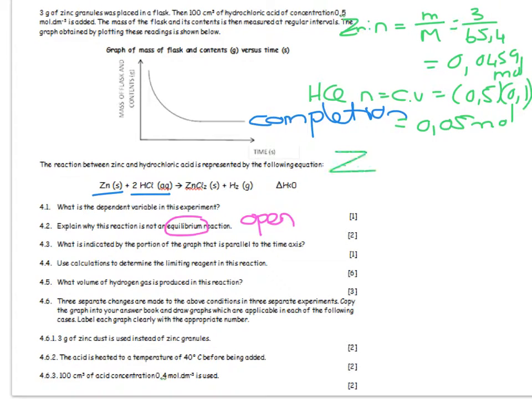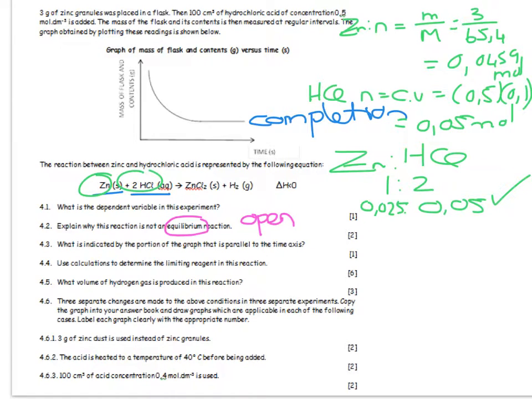Now we know that zinc reacts with hydrochloric acid as 1:2, so I take 0,05 and divide it in half, and I get 0,025. And that does work because 0,025 is less than 0,0459. And therefore, hydrochloric acid is your limiting reagent.